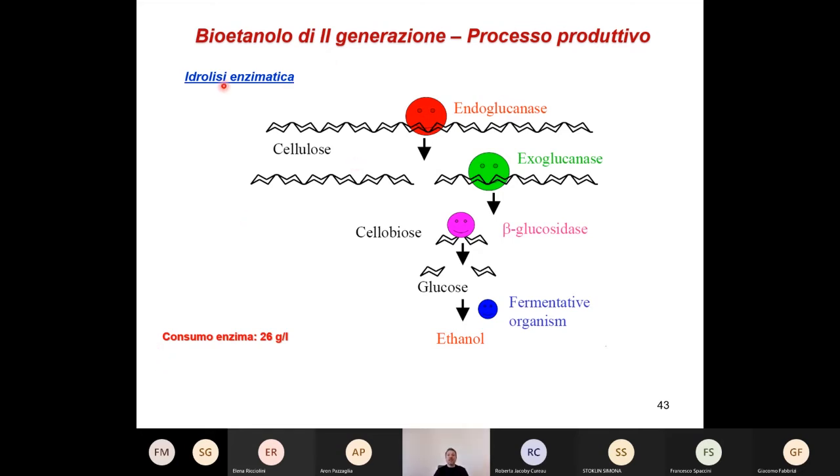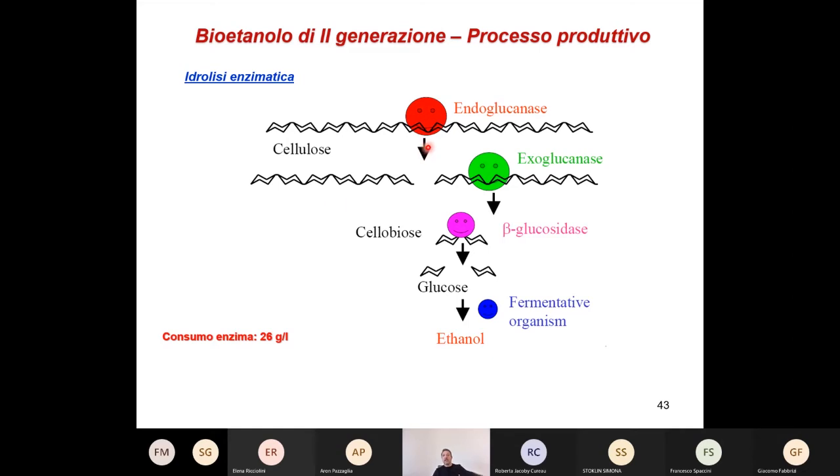In general, we use a mix of enzymes. For example, this is the cellulose chain, and every one of these is a 3D view of glucose. So the first enzyme is endoglucanase, which randomly cuts the chain.